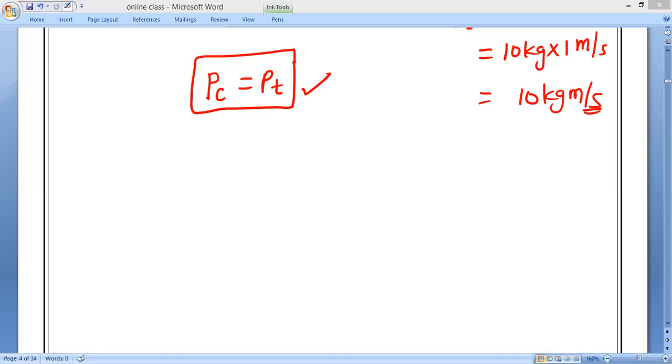That is why we call it a vector quantity. The force applied is always in the direction of displacement. So that is what you need to remember.